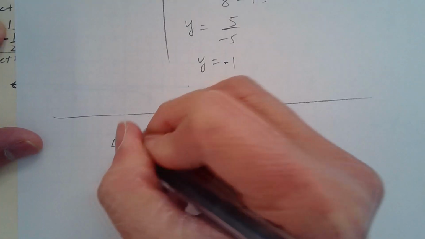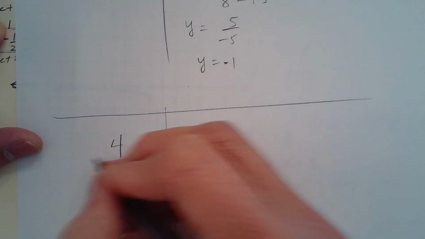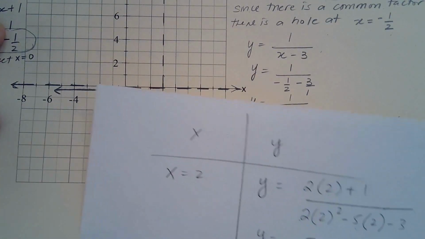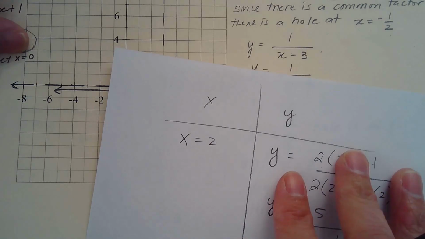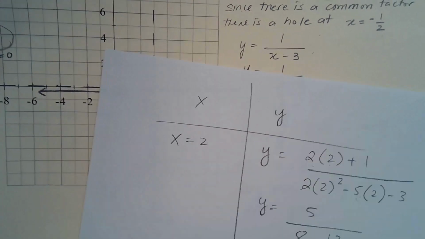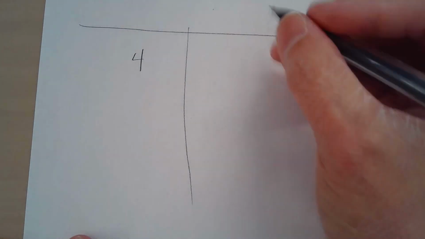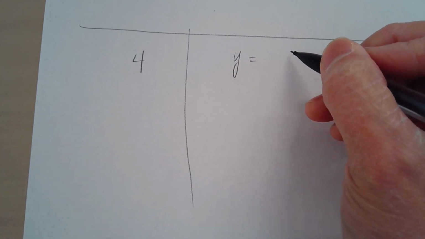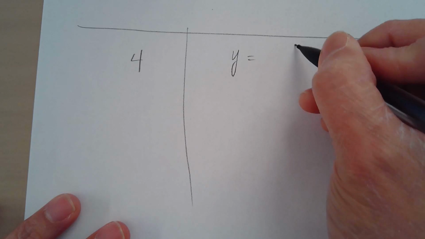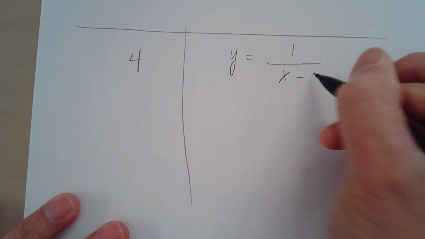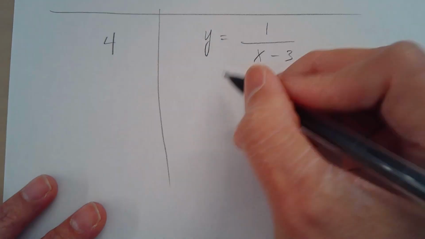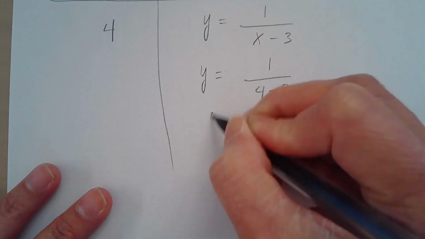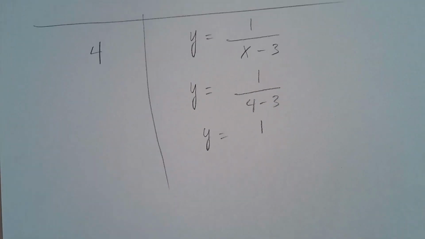If x is equal to 4, what would happen? Yes, because y is equal to, there's a common factor, so it's going to be 1 over x minus 3. We've canceled a common factor. So y is equal to 1 over 4 minus 3. So y is equal to 1. So 4, 1.